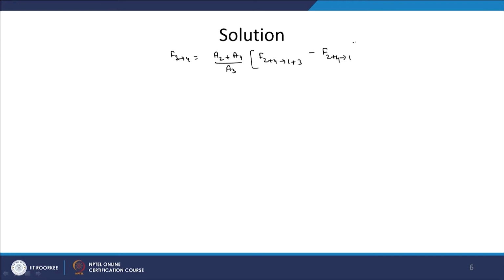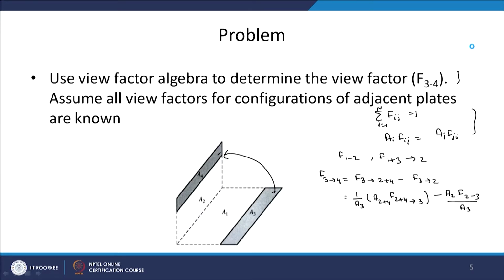So, this is the first quantity, and then second quantity minus A 2 by A 3 F 2 to 1 plus 3 minus F 2 to 1. Let me just show you F 2 to 3. So, F 2 to 3 is equal to F 2 to 1 plus 3 minus F 2 to 1.